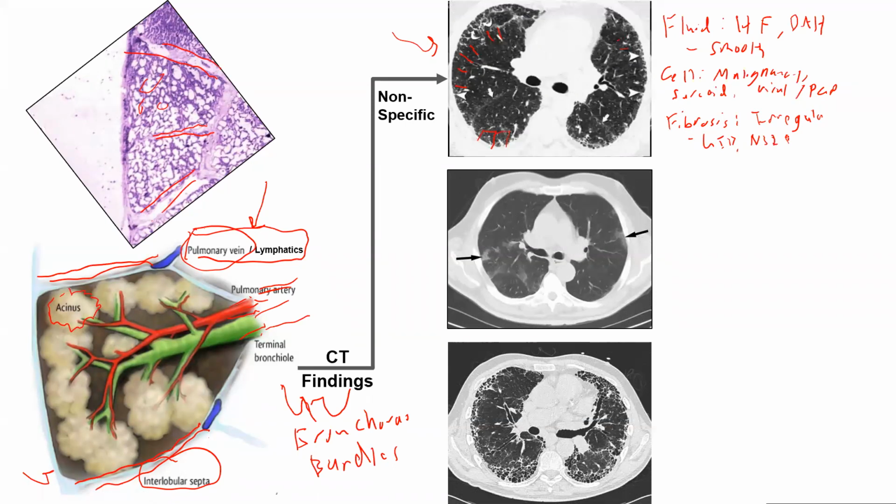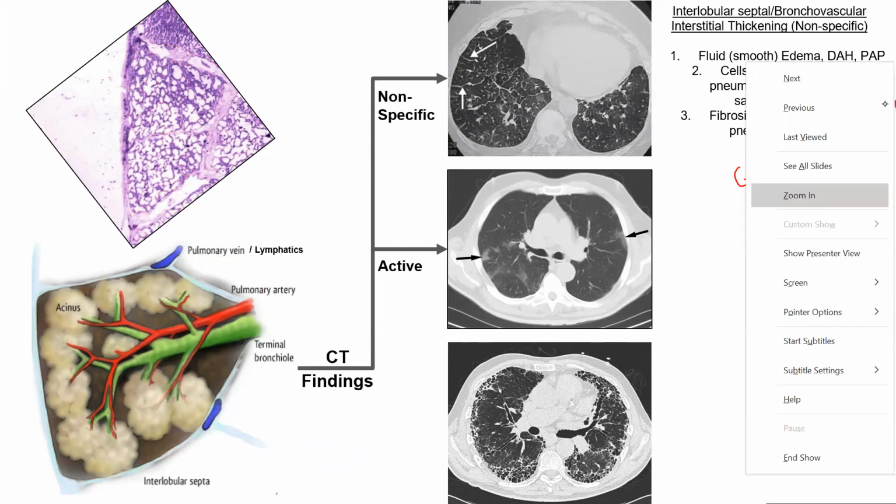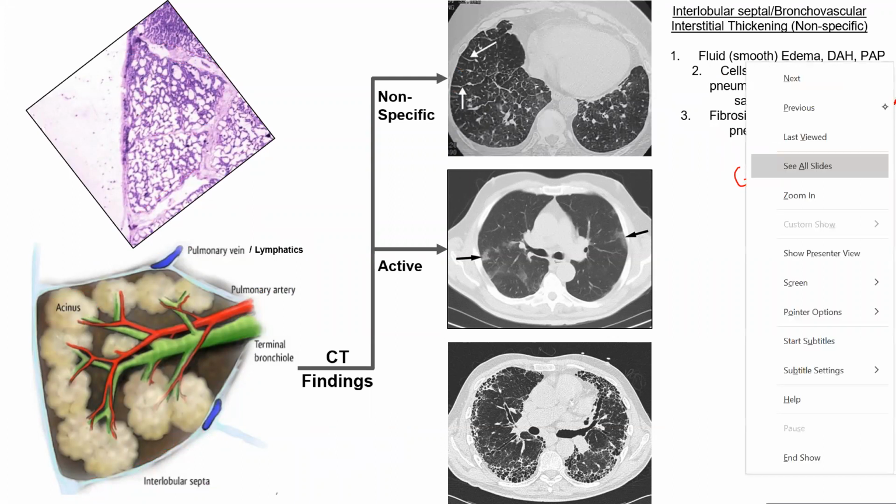The next thing that I was going to go into is what are ground glass opacities. So I think we always hear about ground glass opacities and kind of what constitutes ground glass opacities. What are they on an anatomical basis?